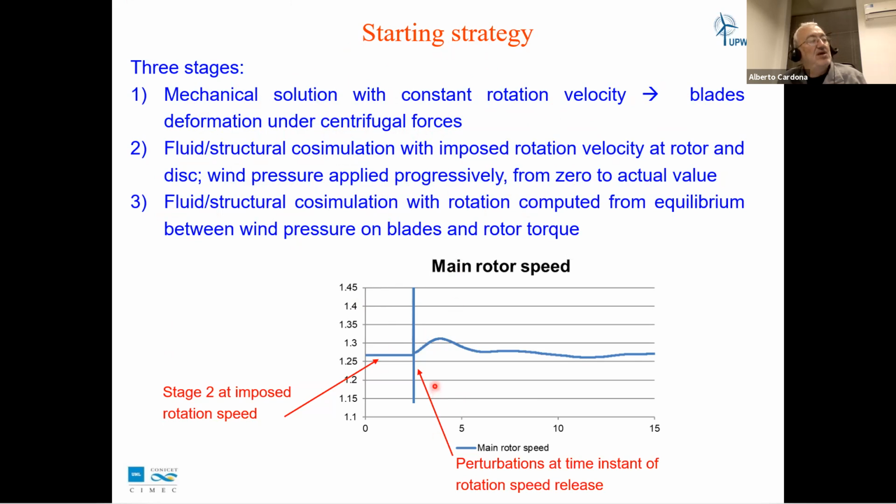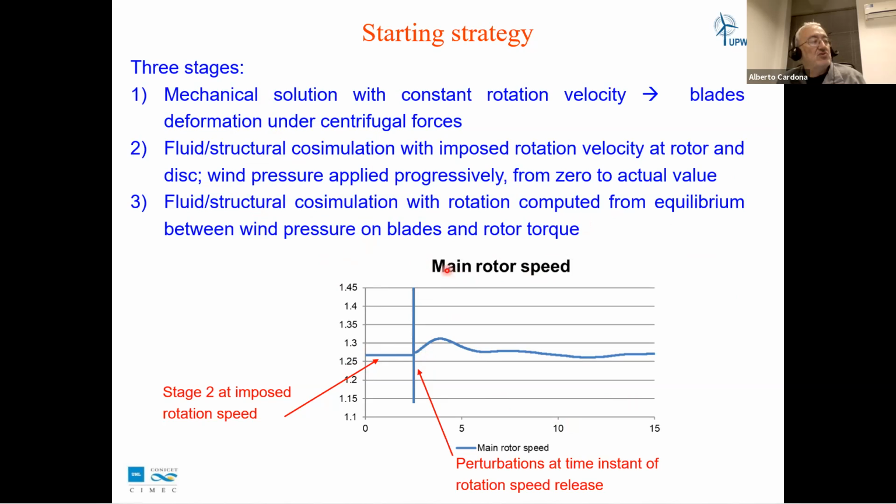And finally, we launch the real fluid structural cosimulation. Why do we do this? Because the blades are very flexible, and if we impose forces in a certain way, we obtain very large deformations, and the computation stops.